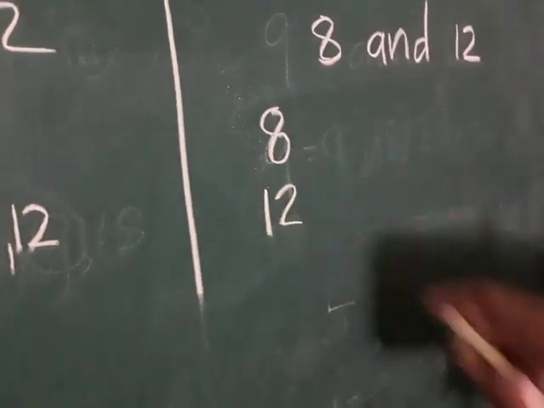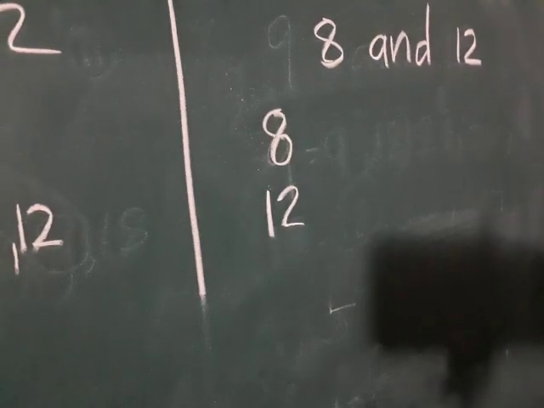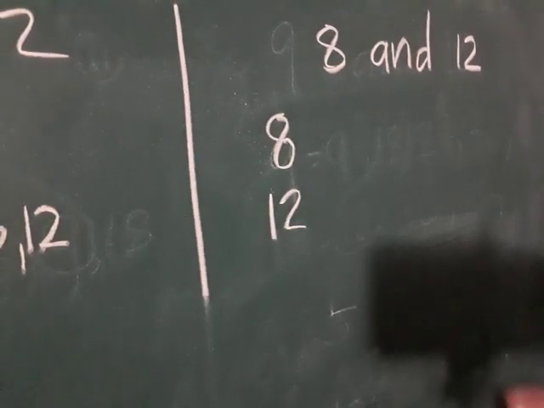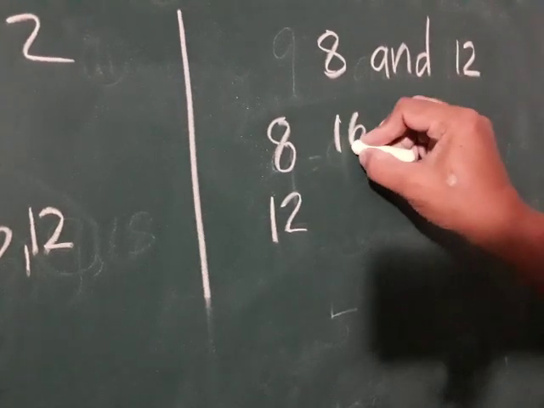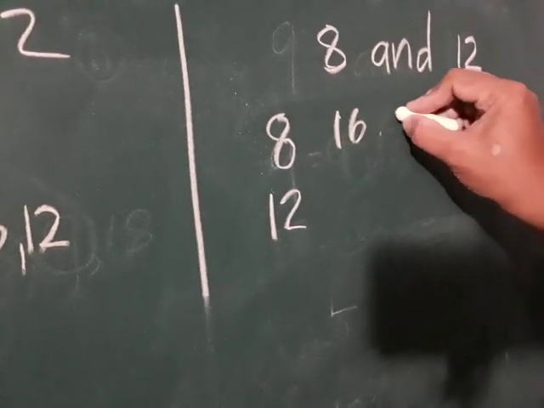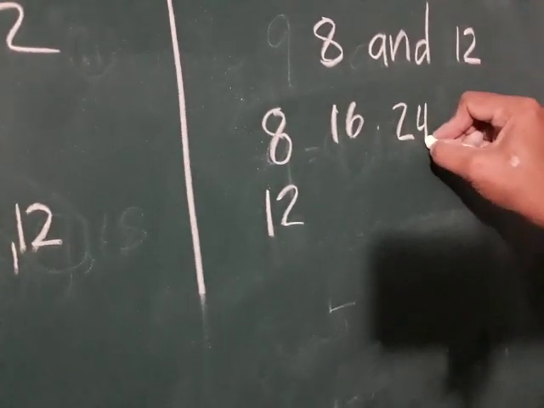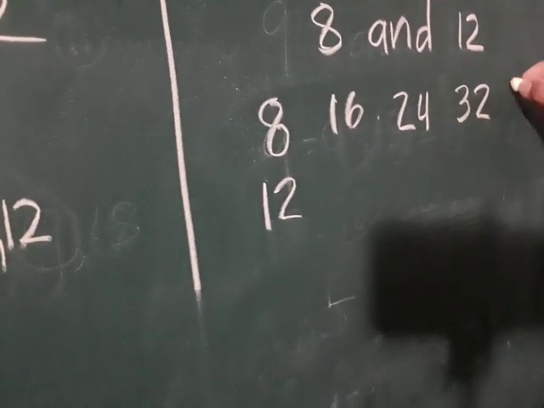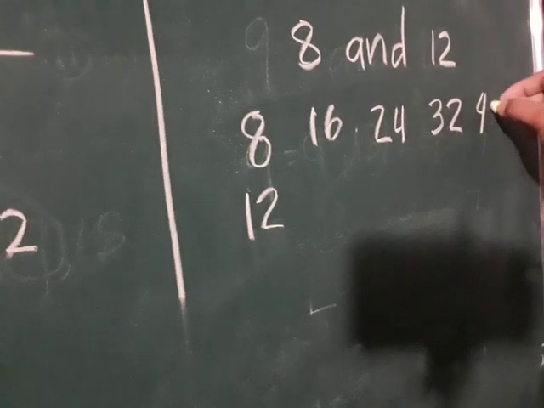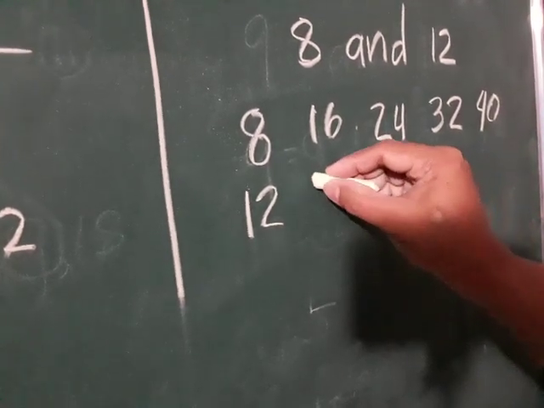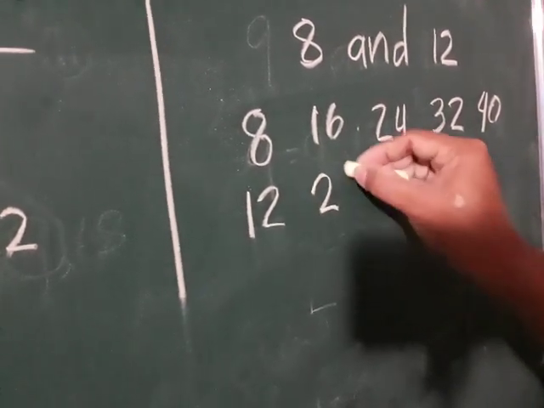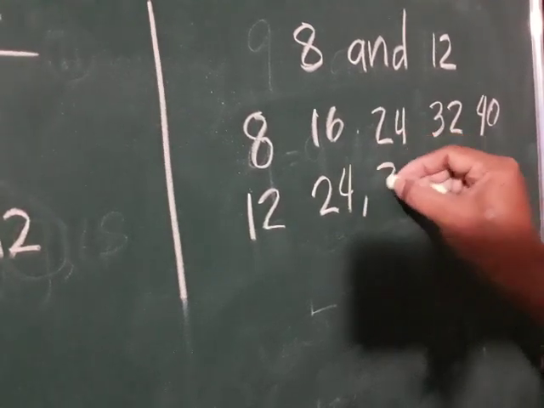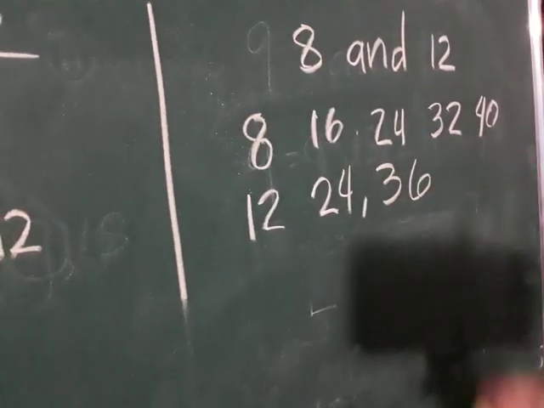multiples. So for 8 and 12, we have 8, 16, 24, 32, and 40. And for 12, we have 12, 24, 36.